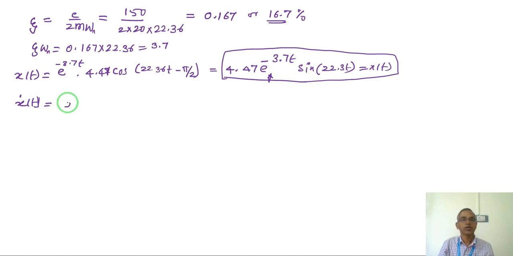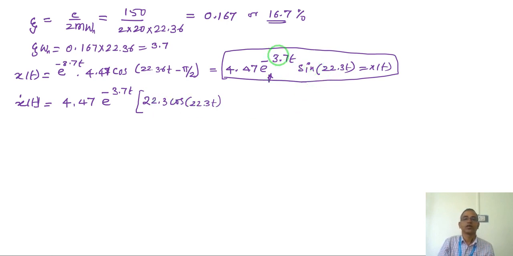So the coefficient 4.47 and e to the power of minus 3.7 t can be taken as common. Then 22.3 into cos of 22.3 t, the differentiation of the second function. Then plus, the differentiation of the first term will be minus 3.7 times e to the power of minus 3.7 t taken as common, then sine of 22.3 t. So that minus will be here.